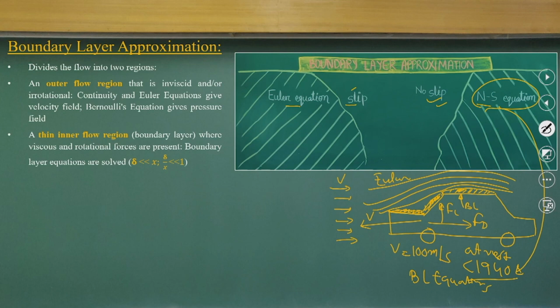If I can solve the combination of this thin layer, which is the boundary layer, with the Euler equations, with a degree of approximation of Navier-Stokes equations, that is what we can solve, because as we discussed many times, we do not have analytical solutions of the Navier-Stokes equation for all the problems. Very few simplified problems we have.